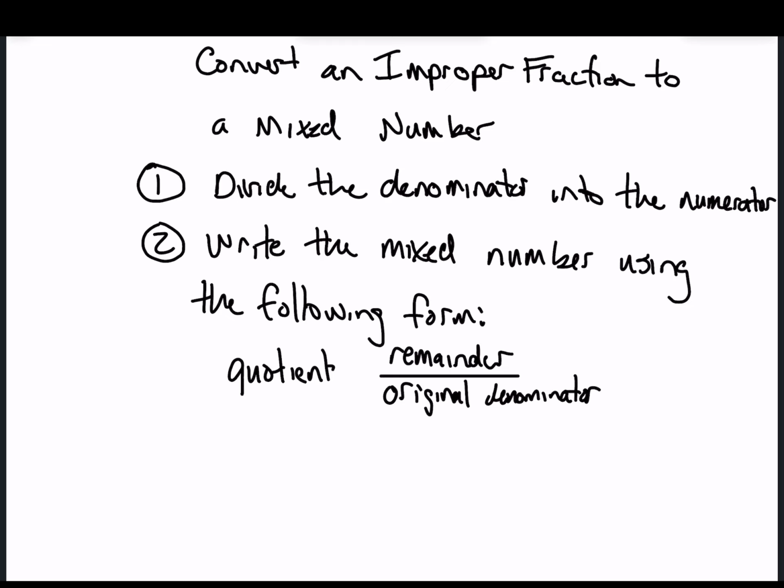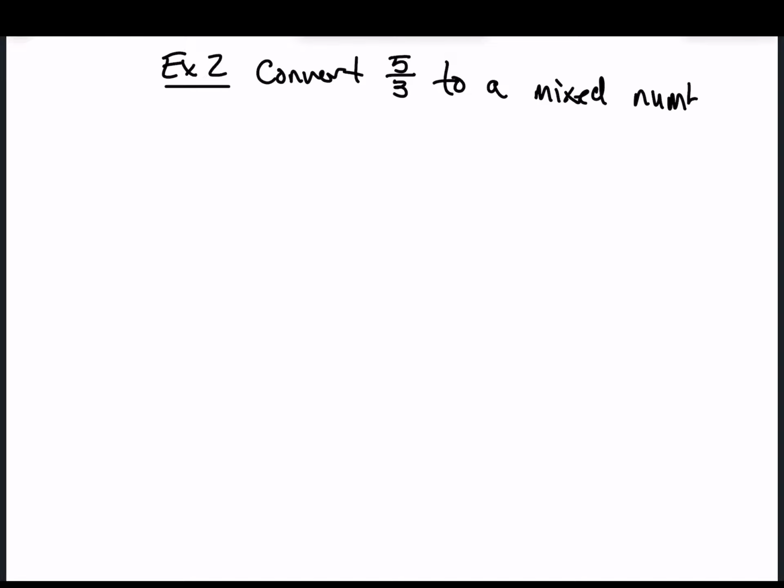Let's try an example. Example 2. We want to convert 5/3 to a mixed number. So the first thing we do is we're going to do division. So we have 5 divided by 3.